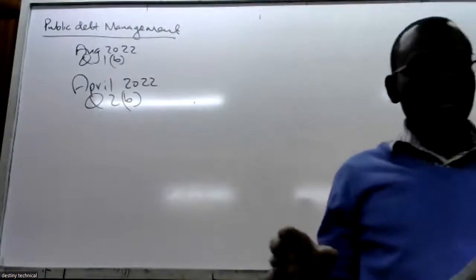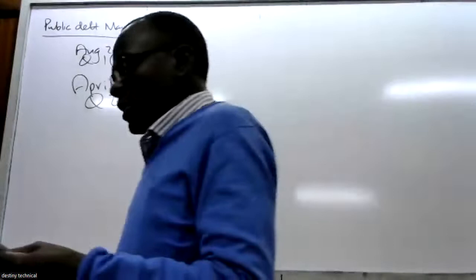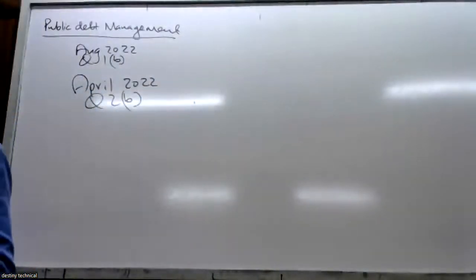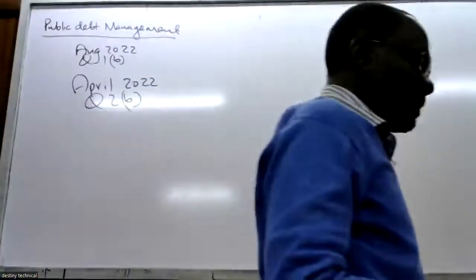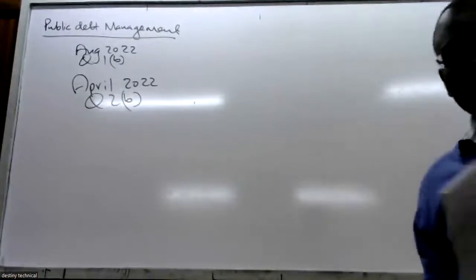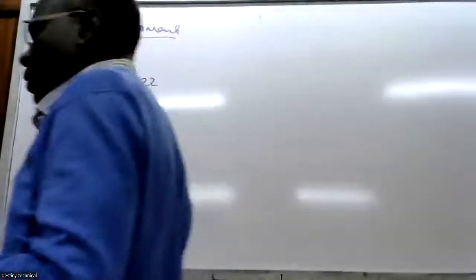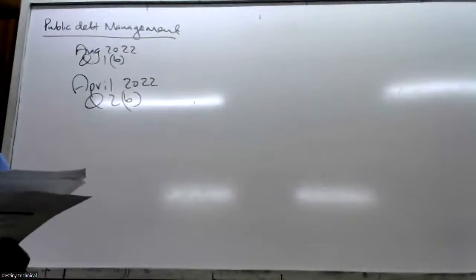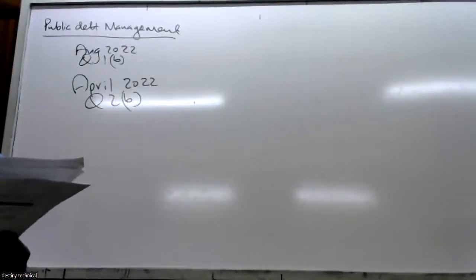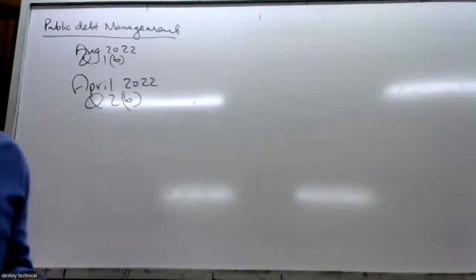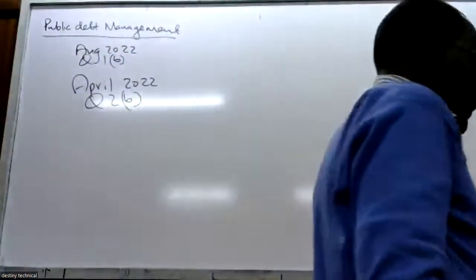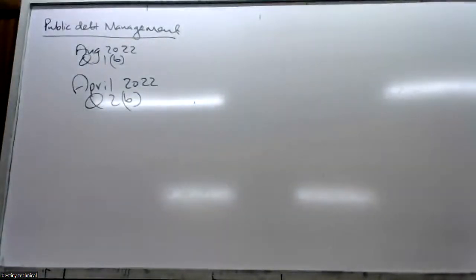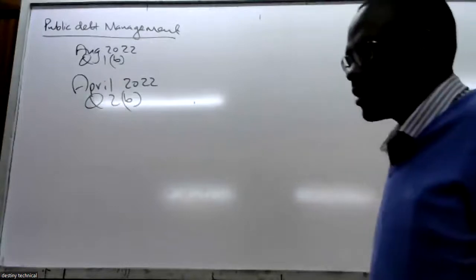And C, to ensure the equitable sharing of the benefits and costs of public debt between the current and future generations.